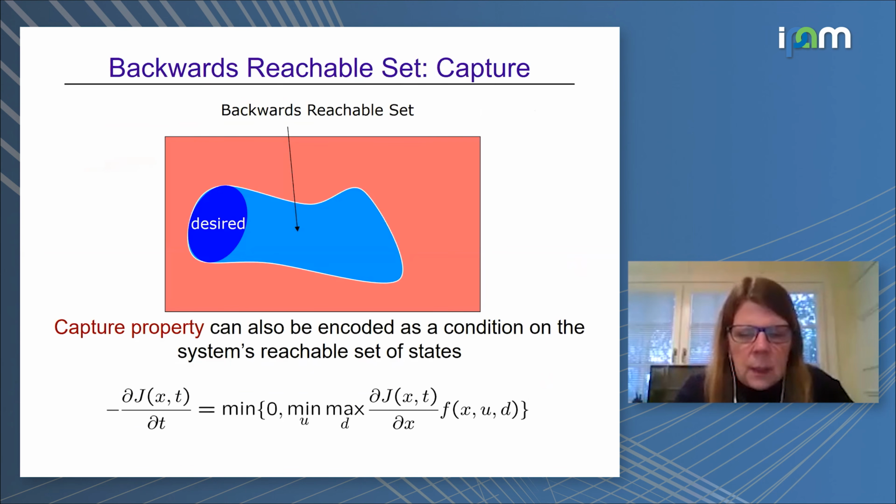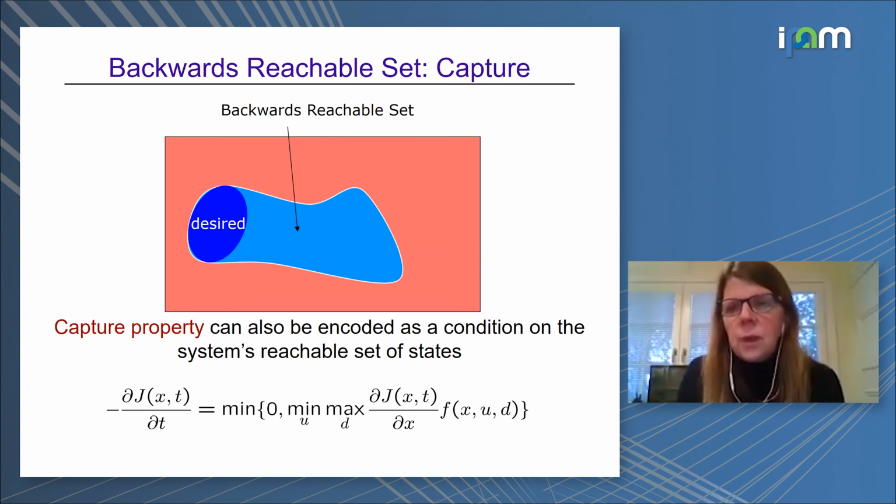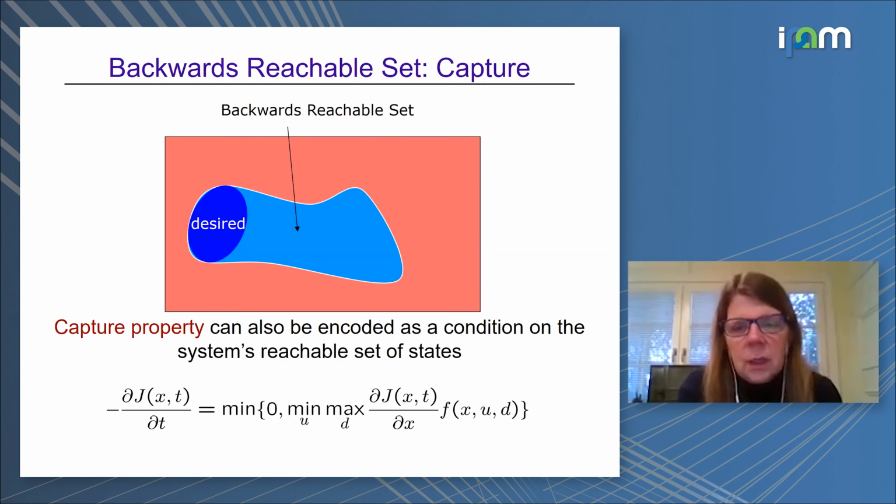Okay, and then we also wanted to say that reachability calculation is not just specific to avoiding unsafe regions. You can also use it for what we call capturing desired configurations. Mathematically, it's exactly the same with one important change.